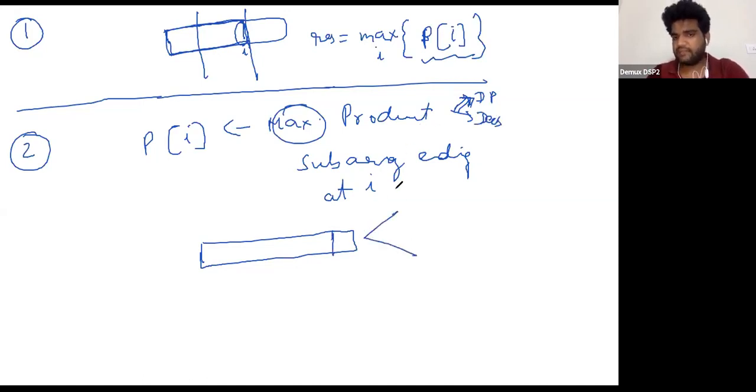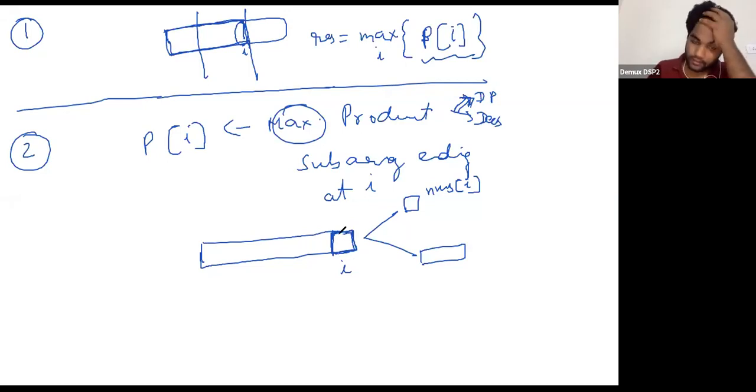The maximum product subarray ending at I could be a single element or a subarray of length greater than 1. If it is a subarray of length 1, then it is nums of I itself. But if it is a subarray of length more than 1 ending at I, you have to find some subarray ending at I minus 1 and extend it.